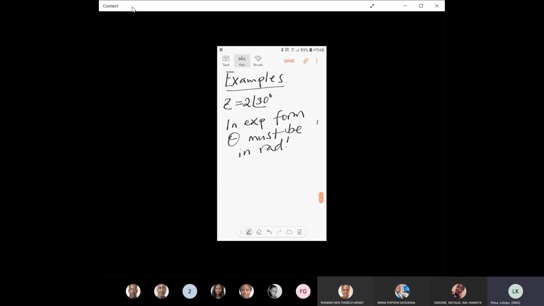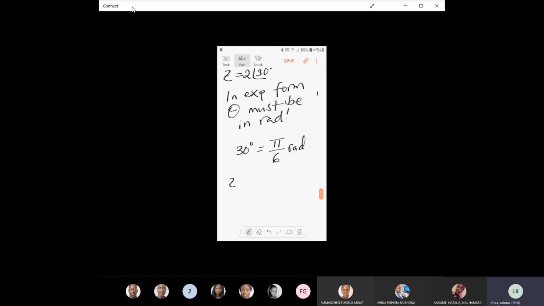Now we look at our example over here. My angle 30 degrees is obviously not in radians, it's in degrees. So I need to convert it. To do that, I know that 30 degrees is just equal to pi over 6 radians. So I rewrite z. z is equal to 2, and then here I have pi over 6, and this is radians.